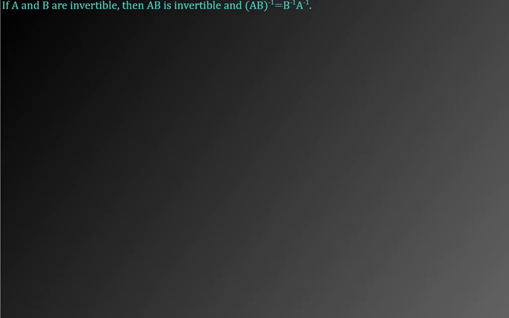All right. You definitely want to just know how to do basic matrix computation kind of proofs. So I'm going to just do an example of what I mean by that. So if A and B are invertible, I want to prove that AB is invertible and that AB inverse is B inverse A inverse. I picked this one out because it shows that socks and shoes kind of thing.